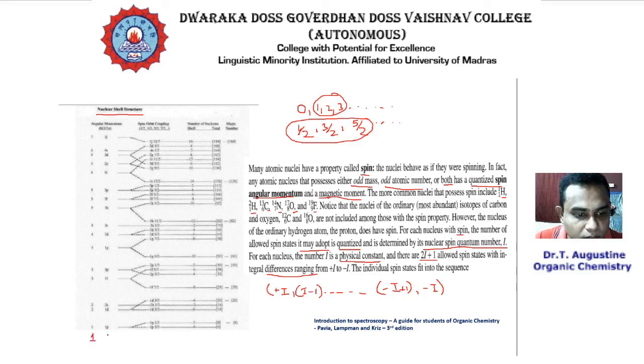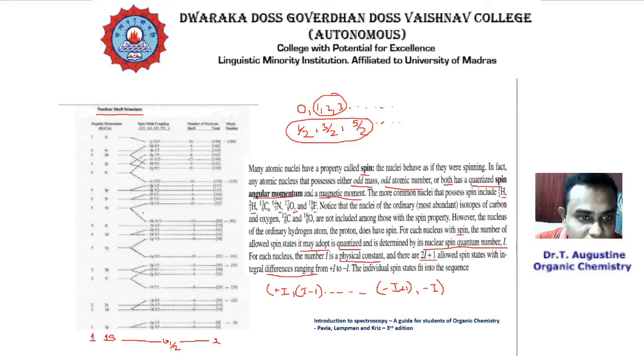So the 1s, 1 by 2, is the first shell, and it will have two nucleons.